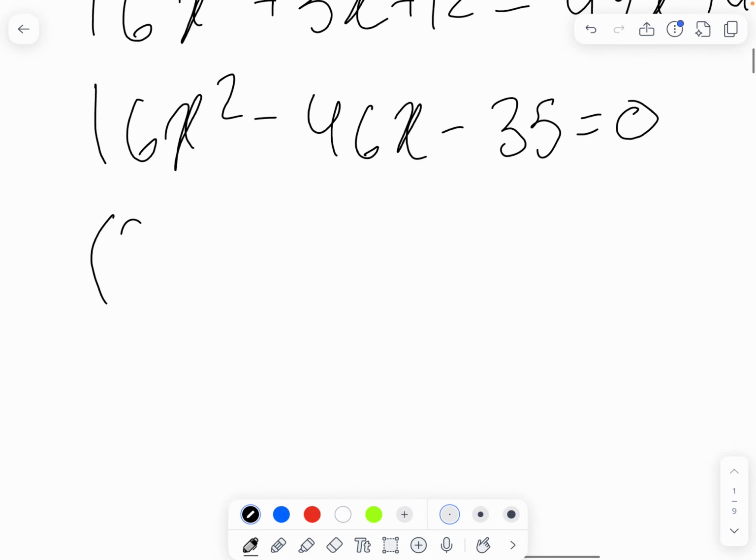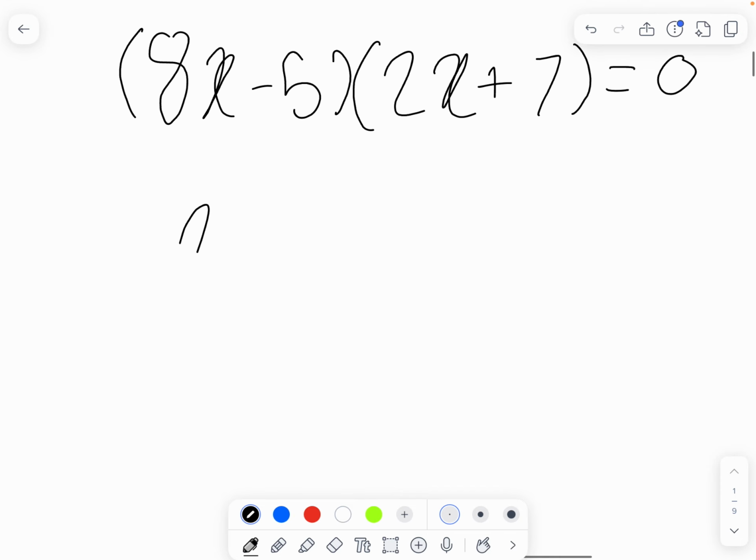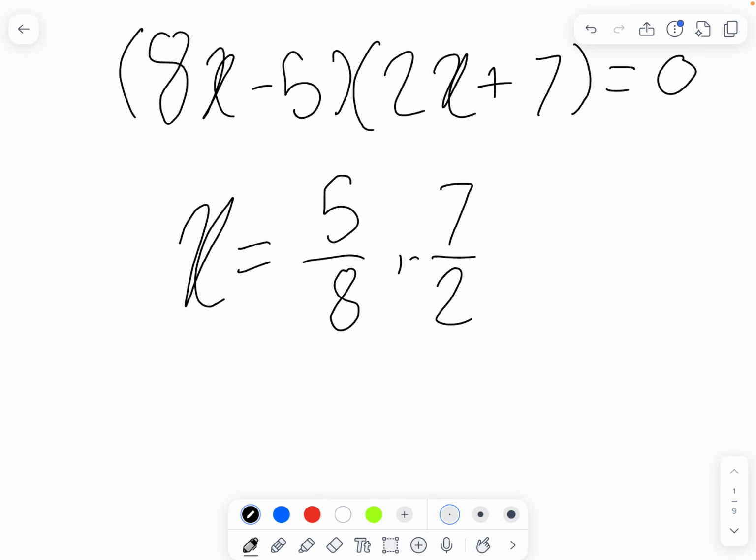This translates to (8x minus 5)(2x plus 7). And then solving for this, we get x equals 5 over 8, comma, negative 7 over 2.